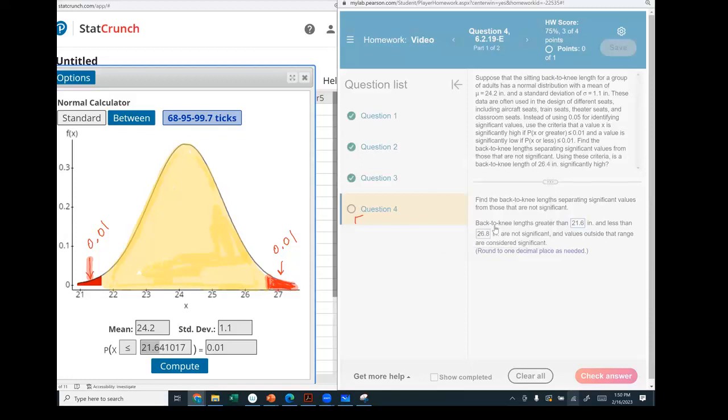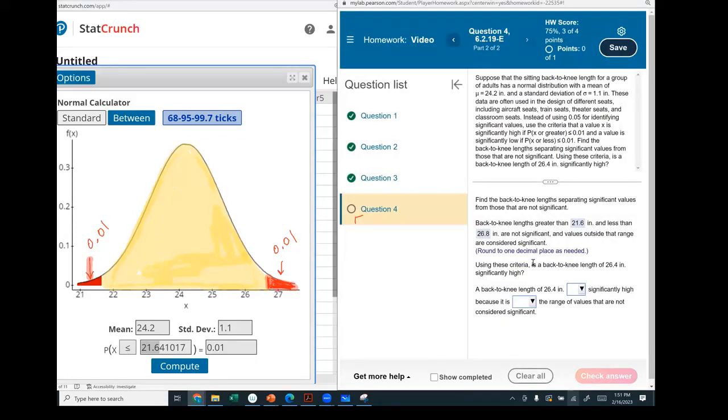Perfect. All right. Now it says, using this criteria, is a back to knee length of 26.4 inches significantly high? Well, 26.4, let's say it's somewhere right around here. Which means, is it in the critical region or is it in the region that we're looking for?